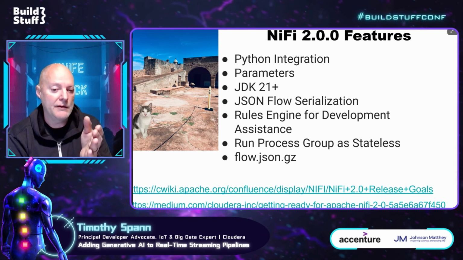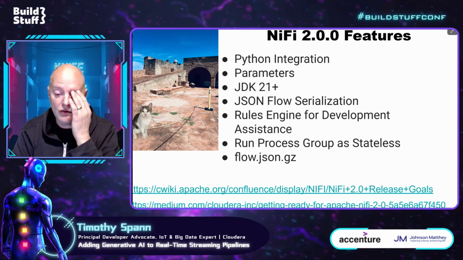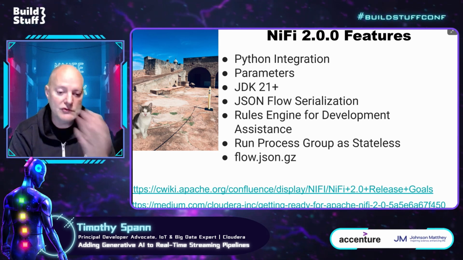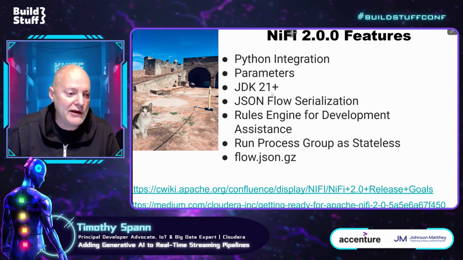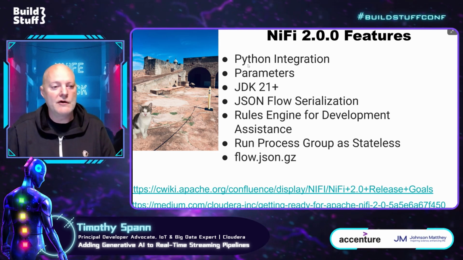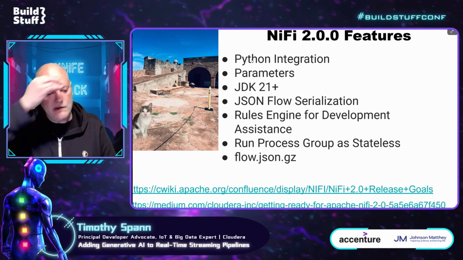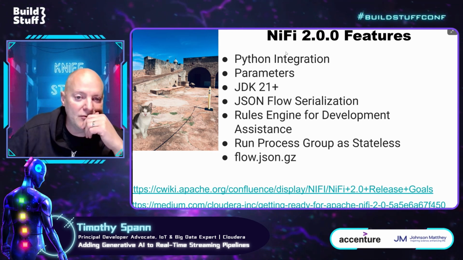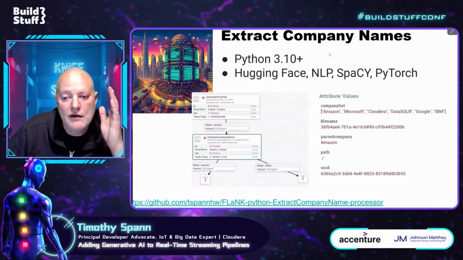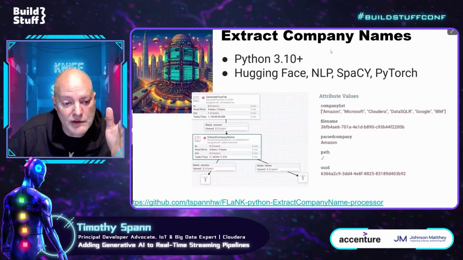This is a great update. This is all JSON based, has a rules engine. If this is the NiFi you want to start with, it has all the security features you need. And again, most importantly, a performant version of Python in there that lets us write our own components.